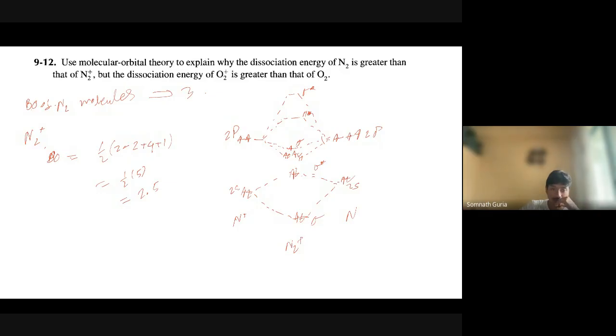So bond order of N2 is greater than bond order of N2 plus, which implies that stability of N2 is greater than stability of N2 plus, right?